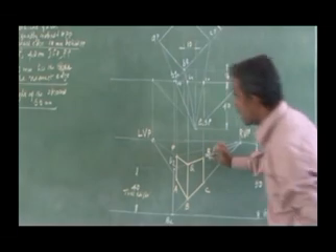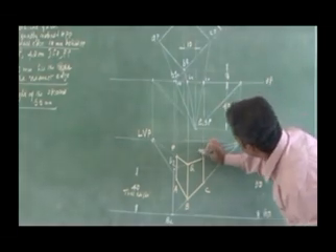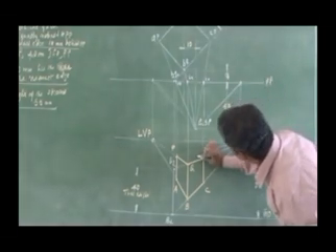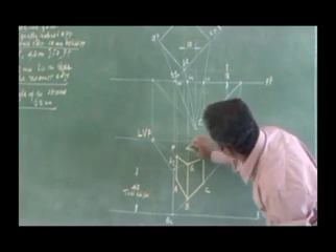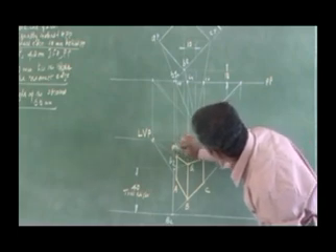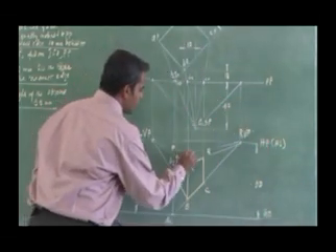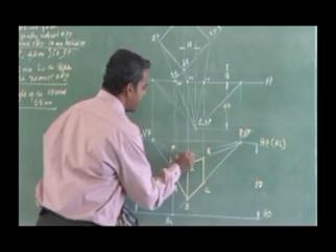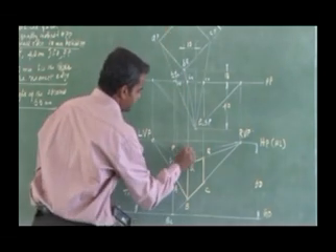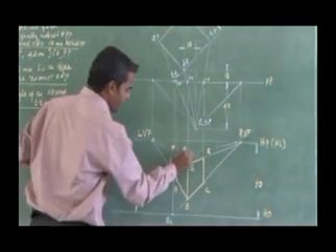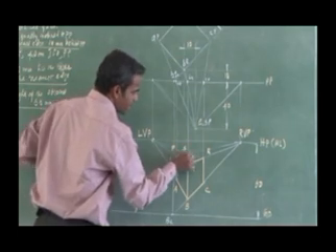So this R, I can join it to the left vanishing point. Right. So the intersection location is going to be my top face.